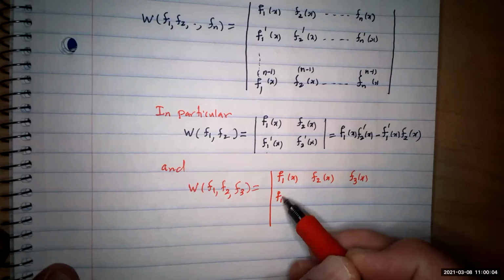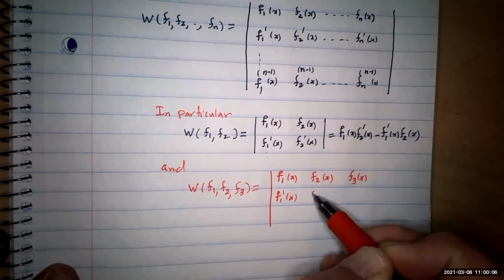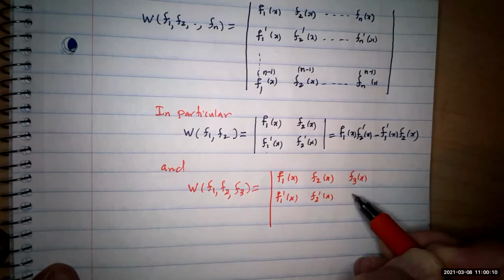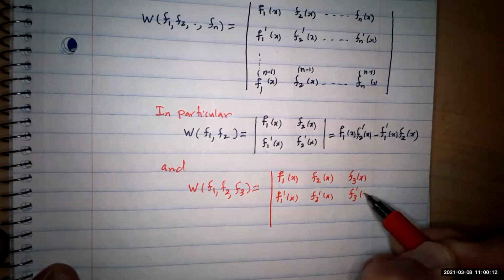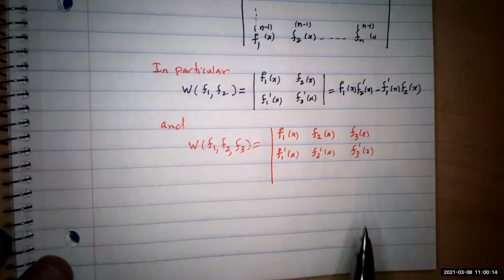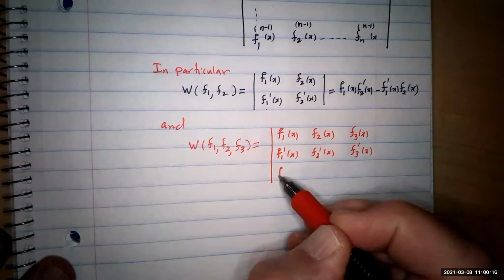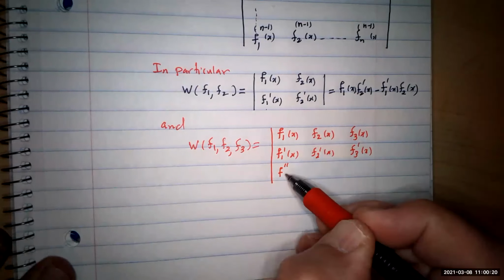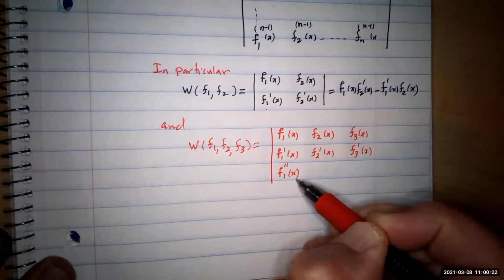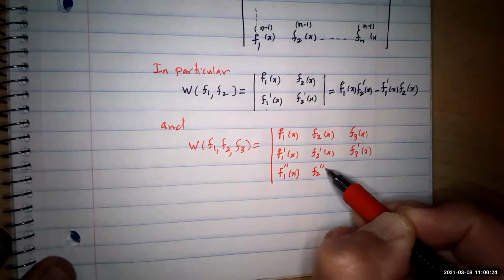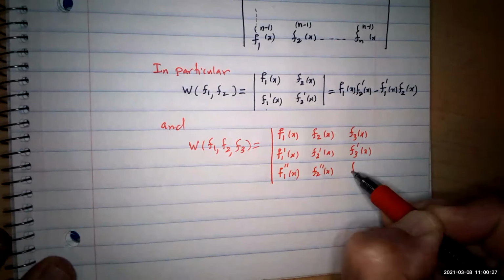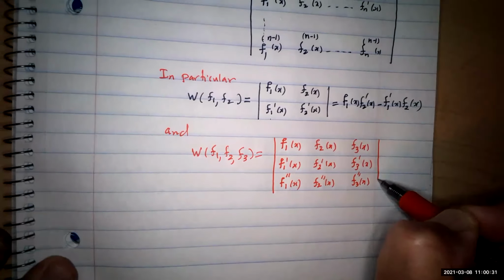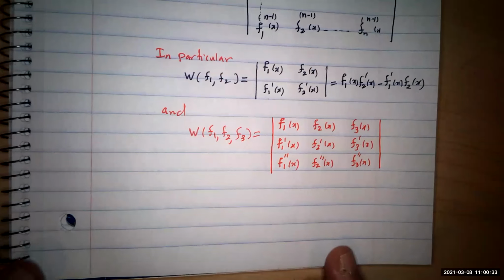You have to find the derivative of each function, and then you continue to get to the second derivative. N minus 1: you have three functions, so we go up to 2. So it's going to be f double prime of x for each function. This is a 3 by 3 matrix, and we can find the Wronskian.